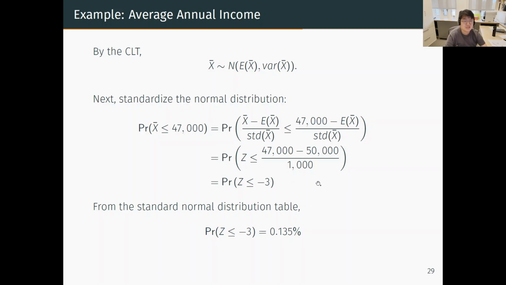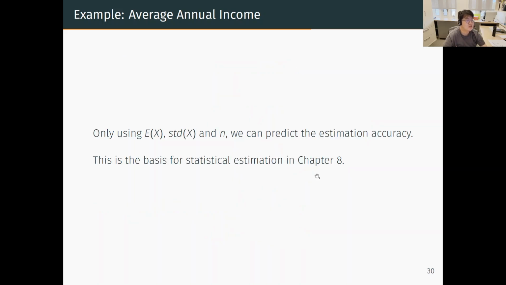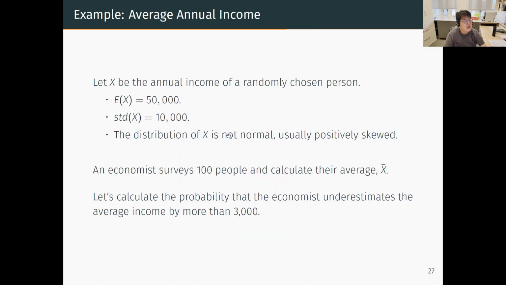This is a good example of how we can utilize the central limit theorem and the normal approximation to a sample average. Pretty interesting. But the problem is we have assumptions like this. We needed to know the single distribution's mean and standard deviation.